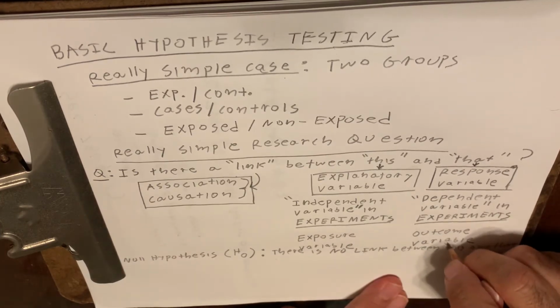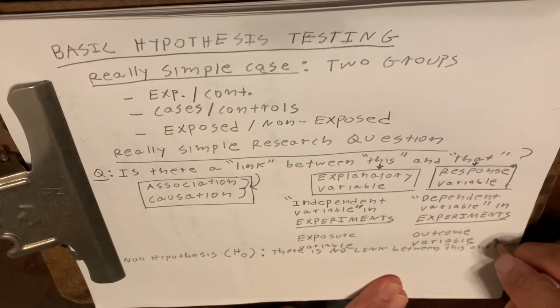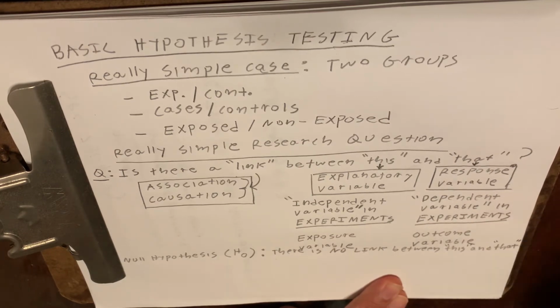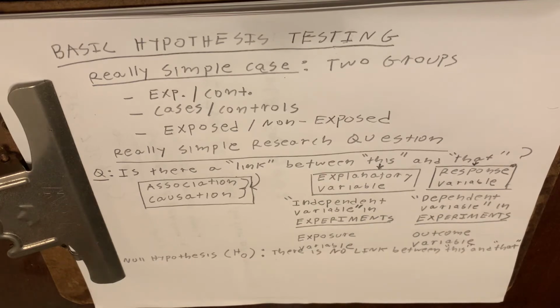In college level stats, the "this" is usually the explanatory variable, and the "that" is usually the response variable.